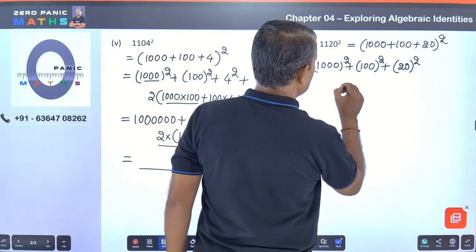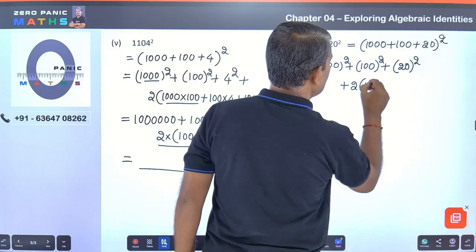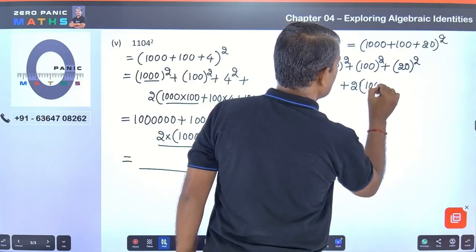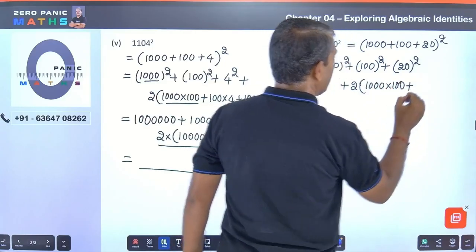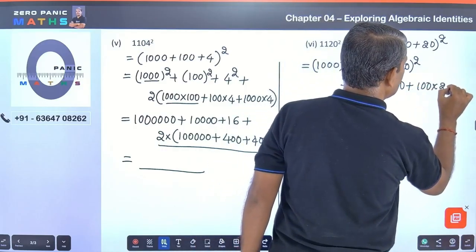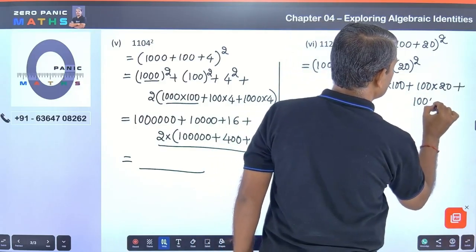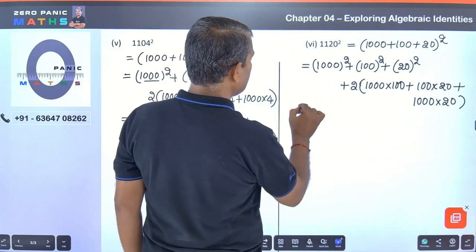Now plus 2 times, let me write it correctly, 1000 multiplied by 100, it is ab, and bc is 100 multiplied by 20, plus ac is 1000 multiplied by 20. Sum up all these things.